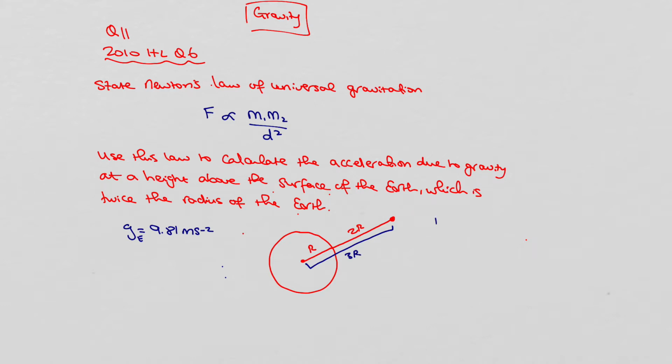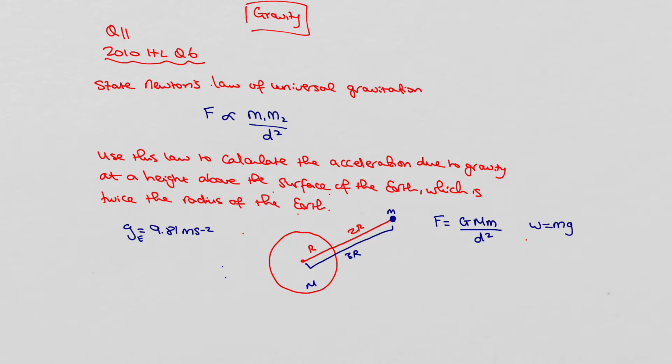Now, I know that my universal law of gravitation states that F is equal to G times M1 times M2 over d squared. So generally when we're talking about the large planet and the small planet, the mass of the Earth would be the capital M, and the small m is the mass of the object that is above the Earth's surface. So I know that weight is equal to mass times gravity.